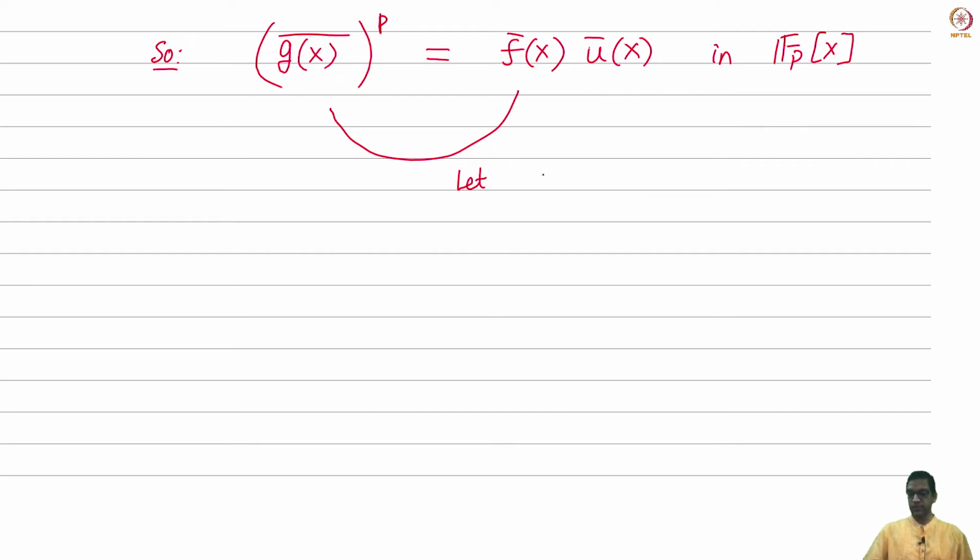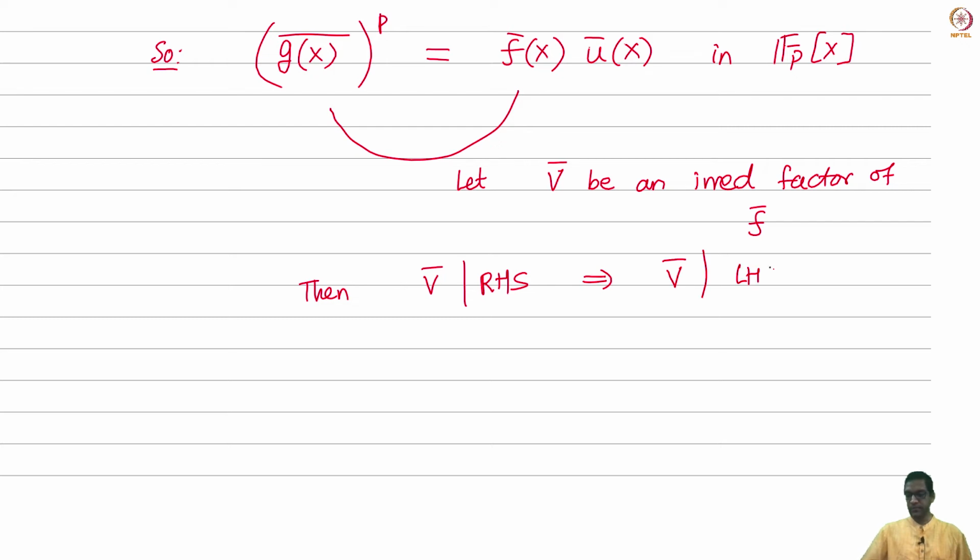So let some polynomial v bar be an irreducible factor of f bar. Then what do we know? Therefore v bar divides the right hand side, therefore v bar divides the left hand side of this equation. This is just g bar whole power p.